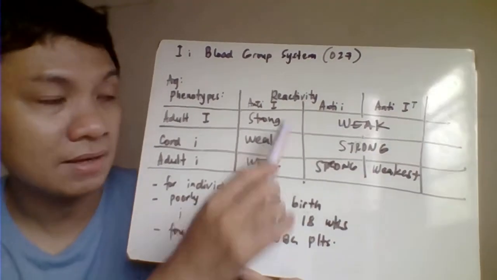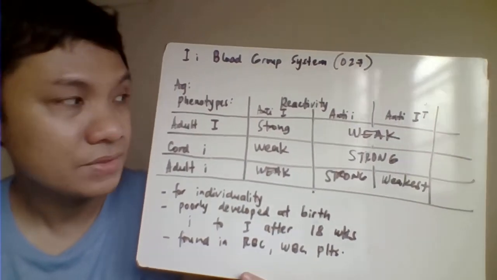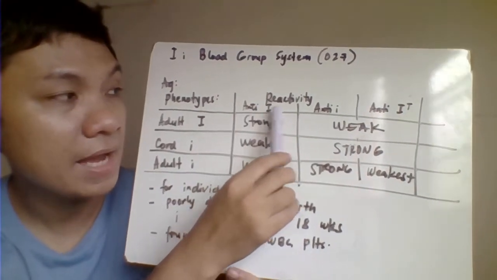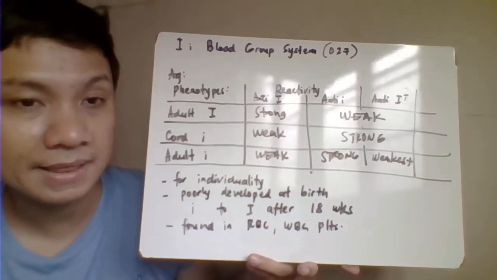Then we make a reaction with the corresponding anti-sera. So we have anti-I, the bigger I, anti-i, the smaller i, and we also have anti-IT.